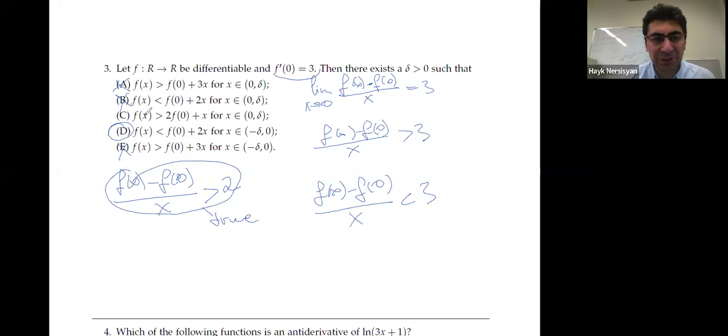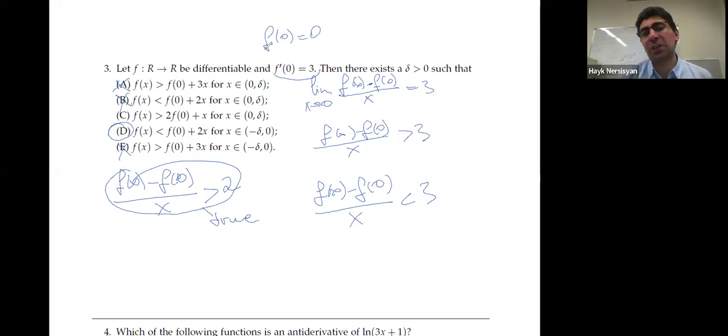What does C say? C says f of x. Here we have, strangely, a 2 appearing. f of x minus f of 0 divided by x. Okay, for example, imagine we have f of 0 equal to 0.